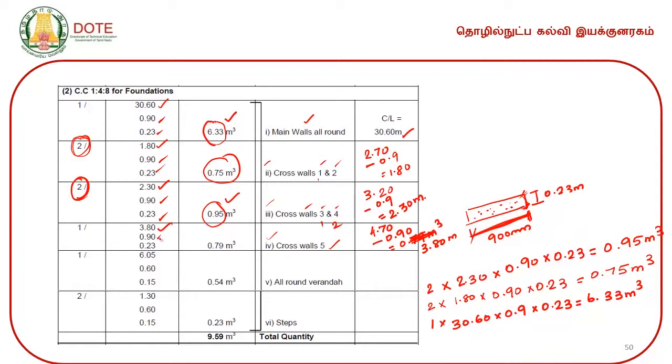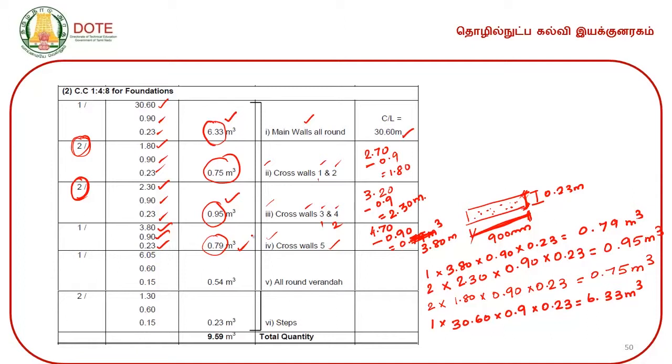Then one number, breadth 0.9, depth 0.23. So 1 into 3.80 into 0.90 into 0.23. This is 0.79 meter cube.